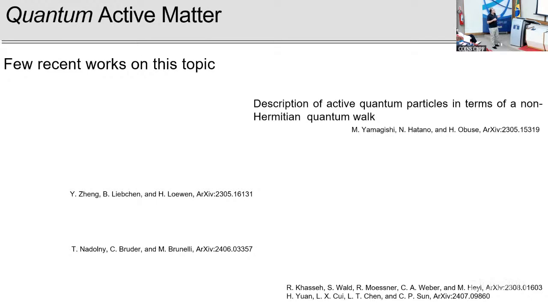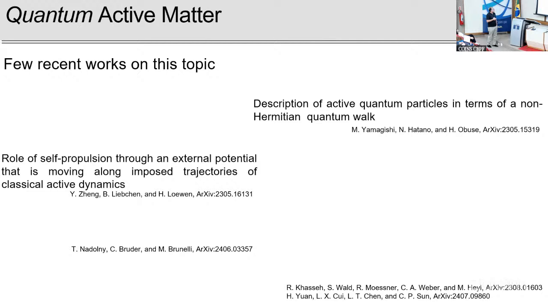So essentially, first, there was a description of active quantum particles connecting to non-Hermitian quantum walks, and you will see that what we do is somehow connected, but you will see in which sense.